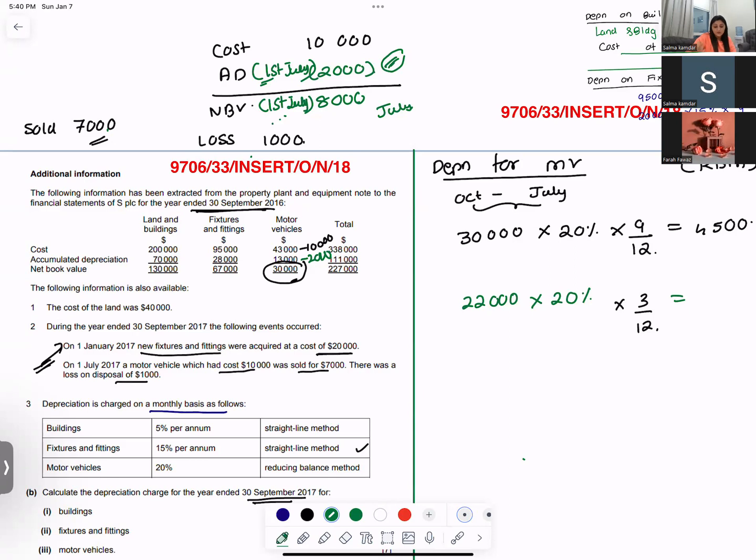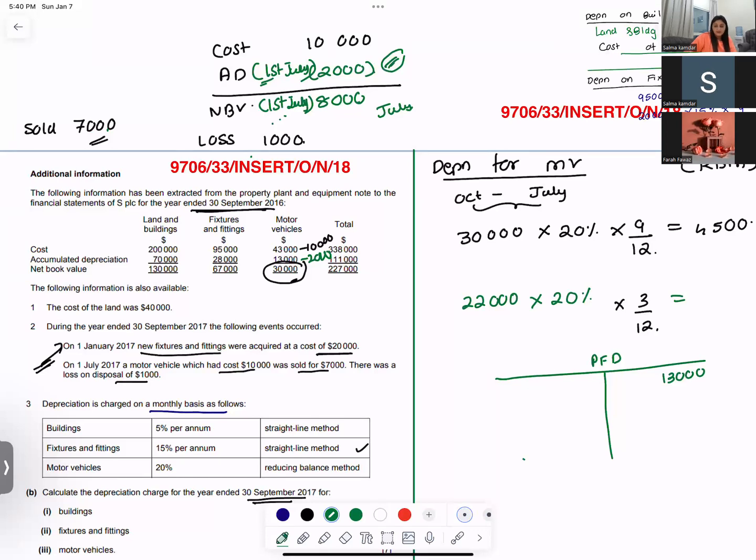So from the cost, I will minus 10,000 cost. From accumulated depreciation, I will minus accumulated depreciation, because when you make your provision for depreciation account, you have the opening balance 13,000.